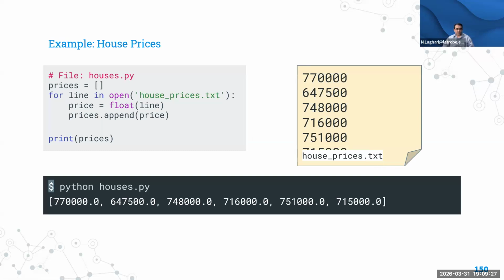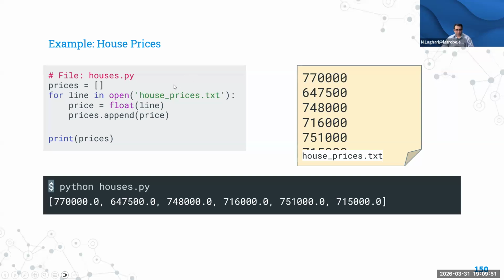So we have prices, and we see that we have house prices, text data. These are house prices in text format in this file. So we are reading for line in open house_prices.txt. We are not even bothering to have f or a file object.